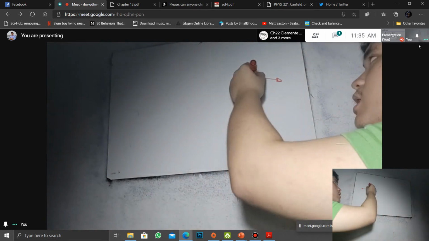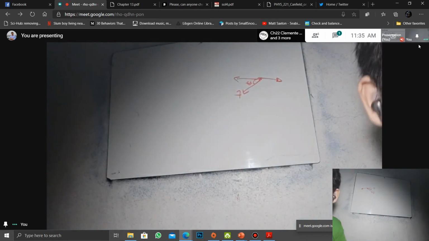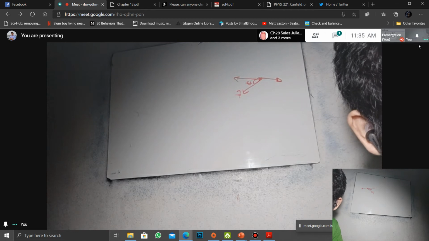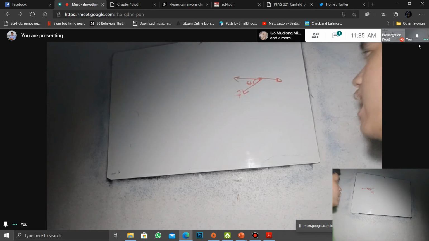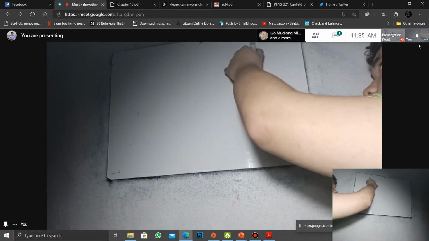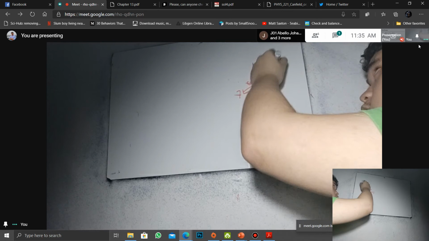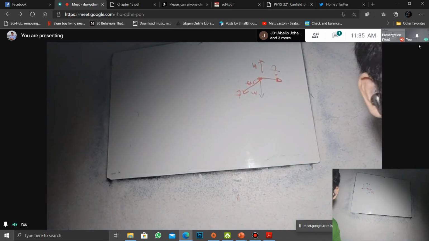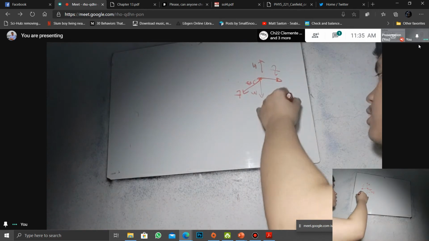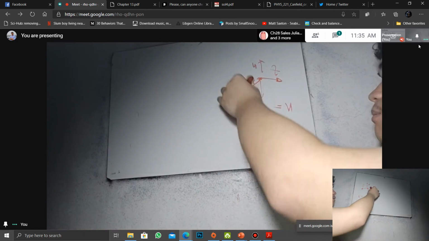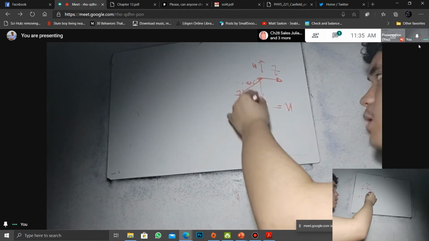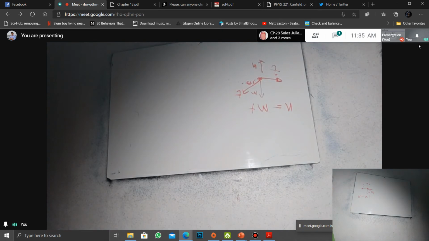Theta, N. Wait. Friction, okay? Normal force. Normal force equals, di ba ito? Weight plus F sin theta.